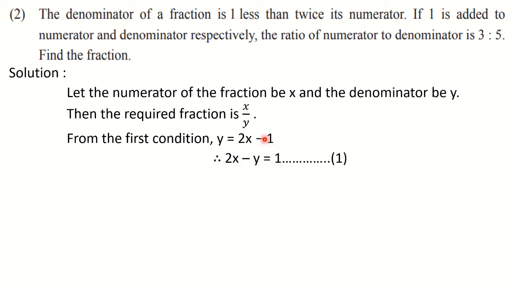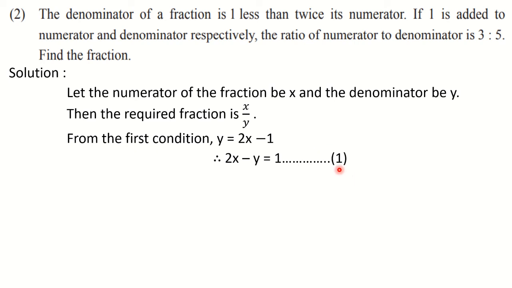See, this minus 1 shifted to this side became plus, and plus y shifted to this side became minus. Okay. So we have shifted like this, but while writing, we have written the equation by changing the sides because this is our standard form. So we got the first equation as 2x minus y is equal to 1. This is our equation number 1.